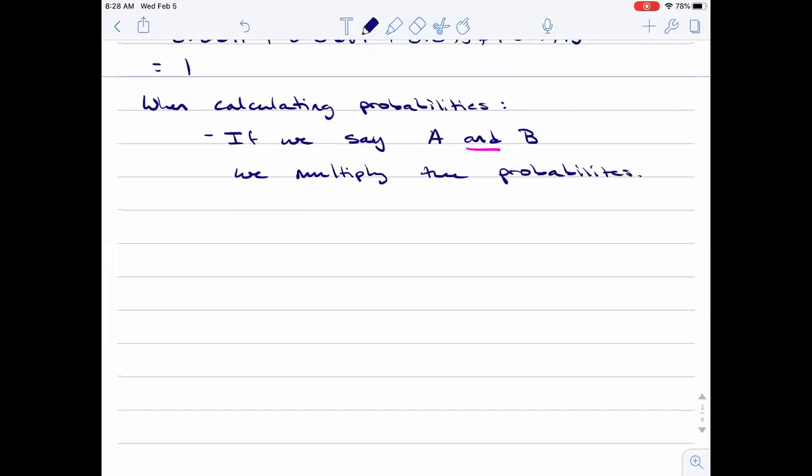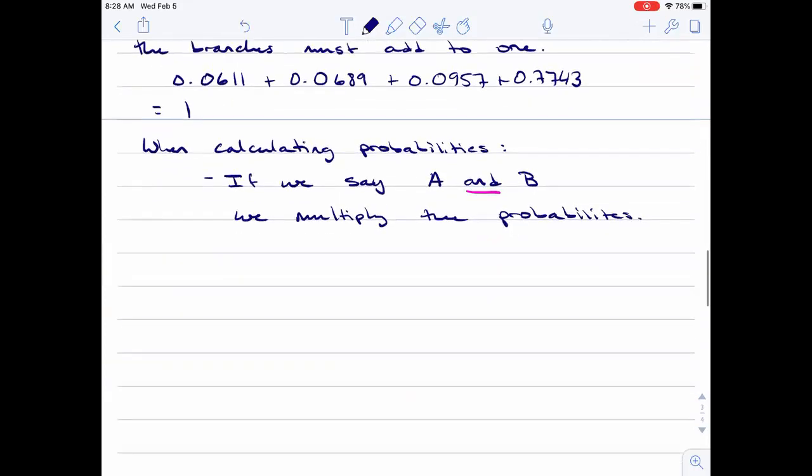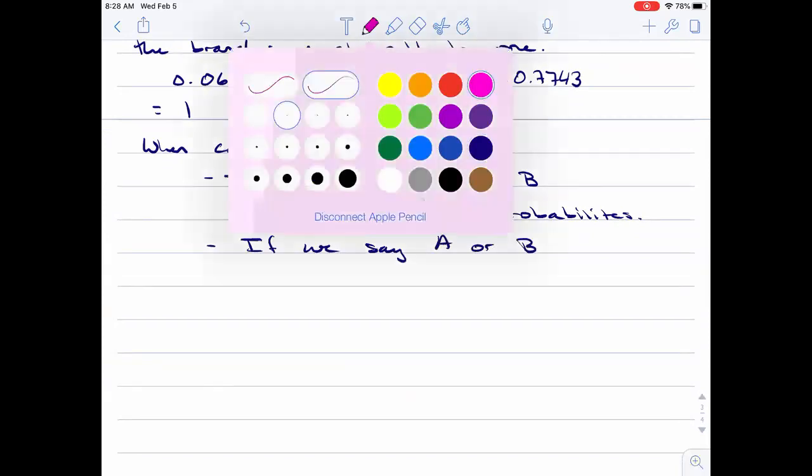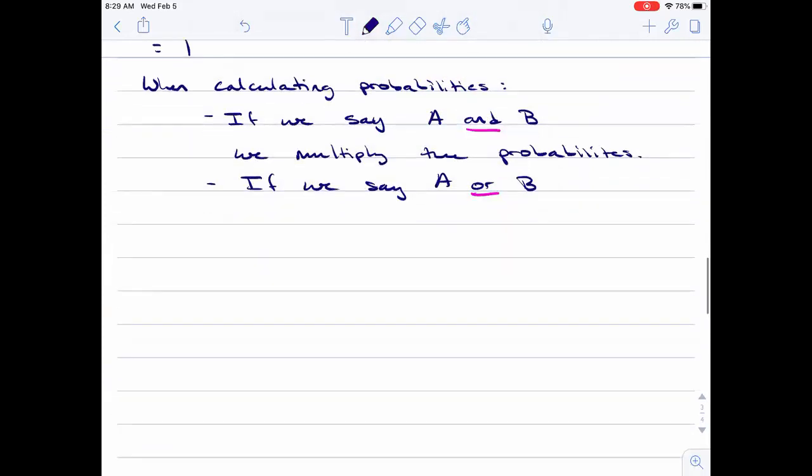Which we saw in the formulas up here, right? If we're talking about the probability of A and B, depending on if they're conditional or not, right, we're going to be multiplying probabilities. Whereas if we say we want A or B, whatever the events A and B are, we add the probabilities.